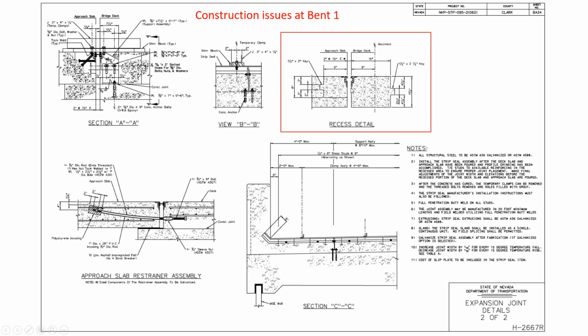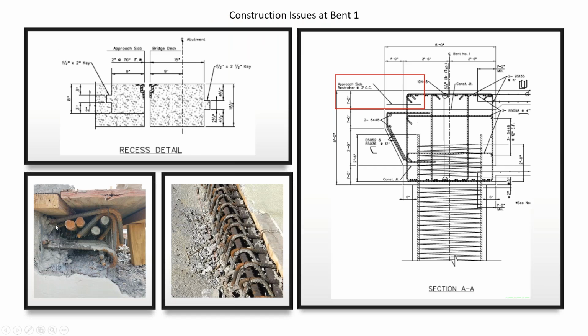There were also some issues because of congestion of reinforcing. You can see in the pictures the recess where the armor joint is going to be in place. It was very difficult to install those because of congestion of reinforcing.